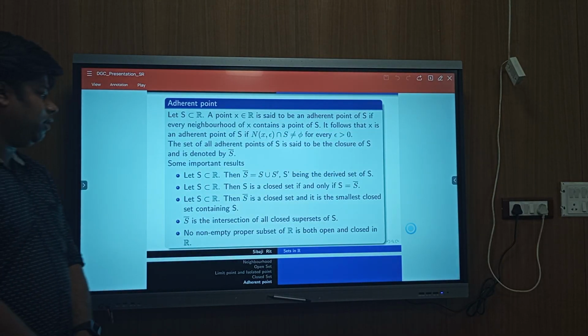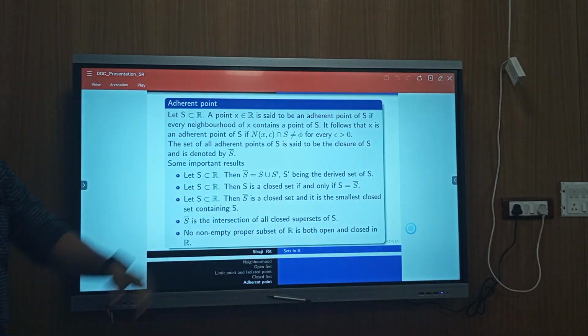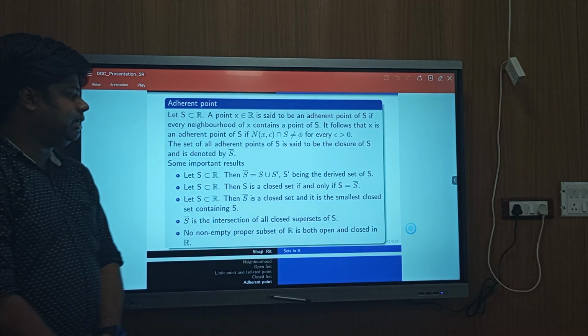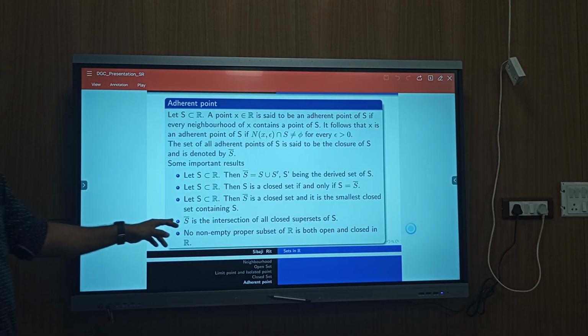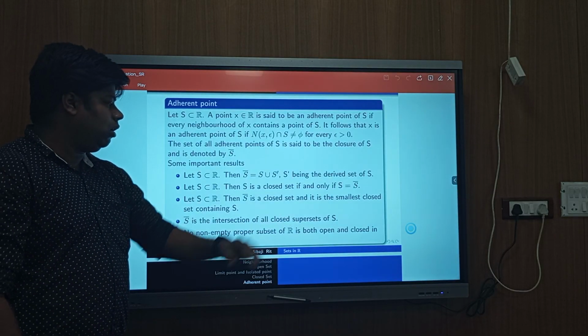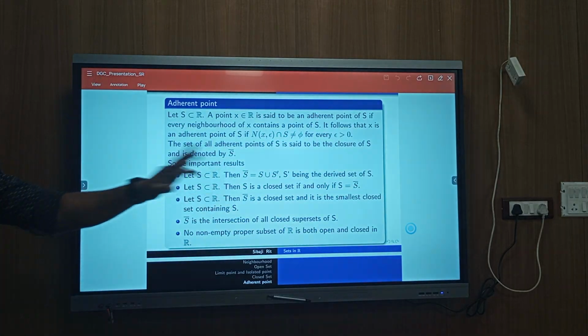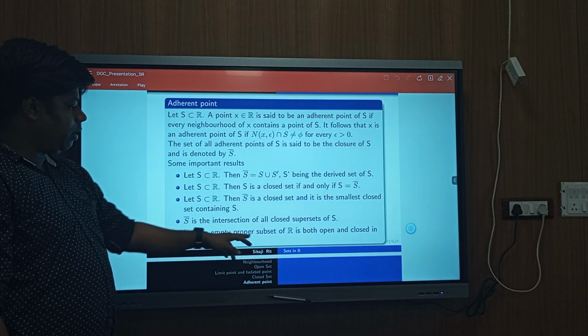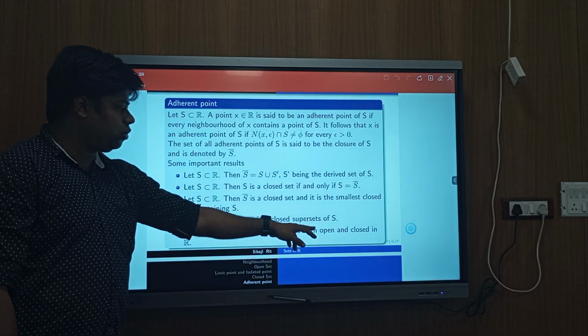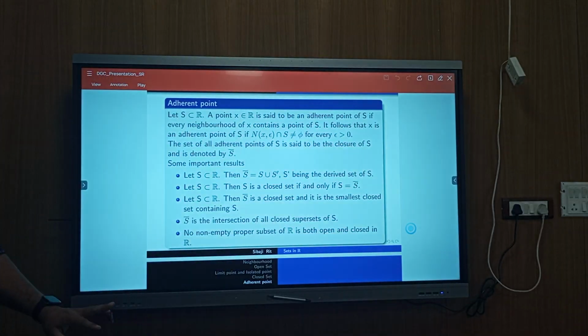Let S be a subset of R, then S bar is a closed set and it is the smallest closed set containing S. S bar is the intersection of all closed supersets of S. There is no non-empty proper subset of R that is both open and closed in R.